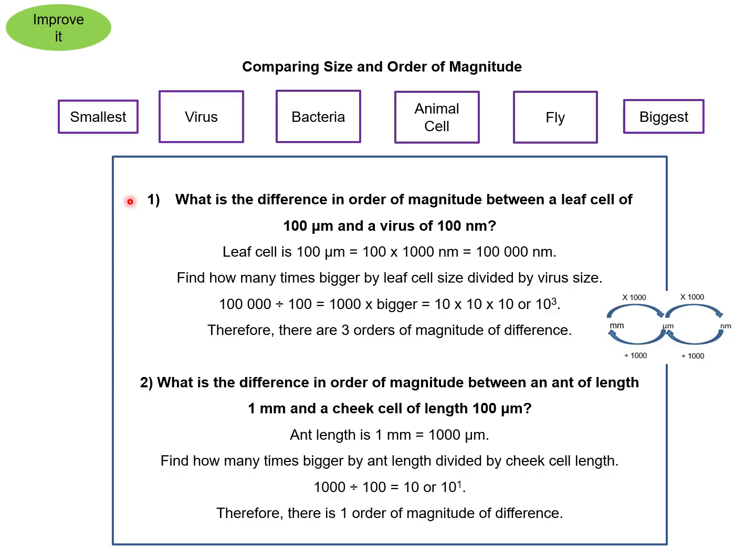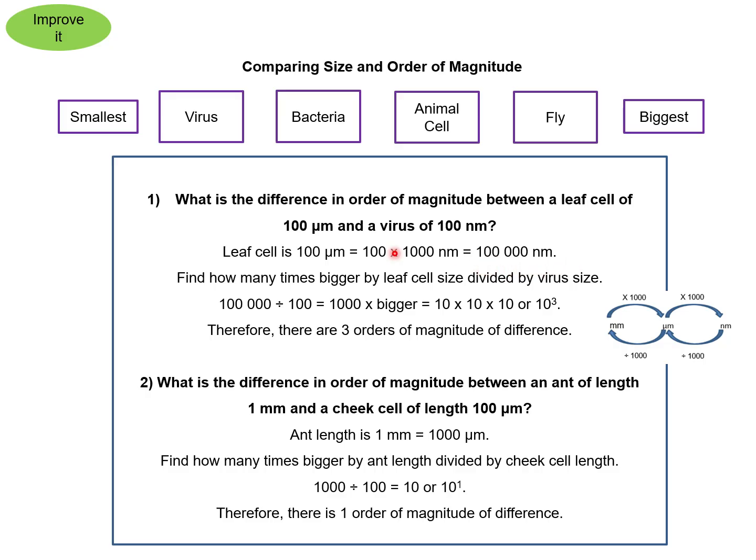So the leaf cell is 100 micrometers, which we can convert. So use the chart. If we start at micrometers here, we want to get into nanometers to get both of those numbers into nanometers. So you follow the arrow round and we need to multiply by 1,000. So 100 times 1,000 equals 100,000 nanometers.